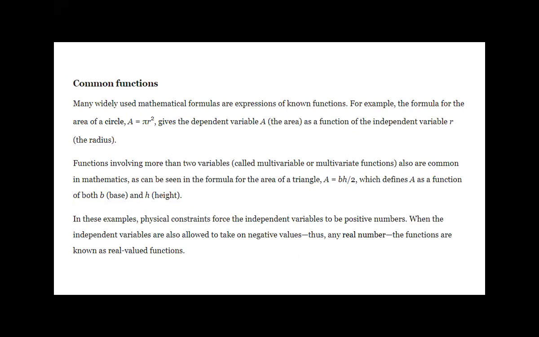A is equal to b h by 2, where b is the base, h is the height, and it is divided by 2. It is the area of a triangle. Here the function depends on two variables: b is also there and h is also there.